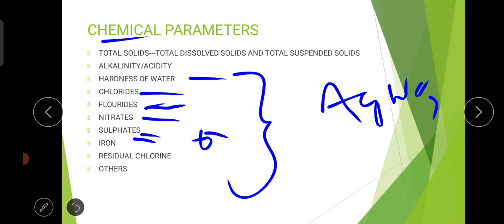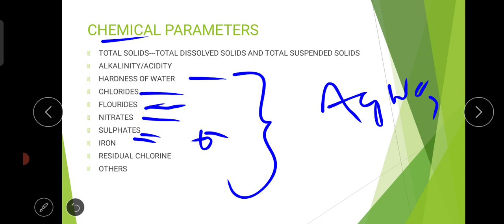Next is residual chlorine. During the treatment, chlorine is sometimes left behind in the water, and when the water is distributed to the consumers and they consume this chlorinated water, there will be irritation in the intestinal tract and damage to the mucus.